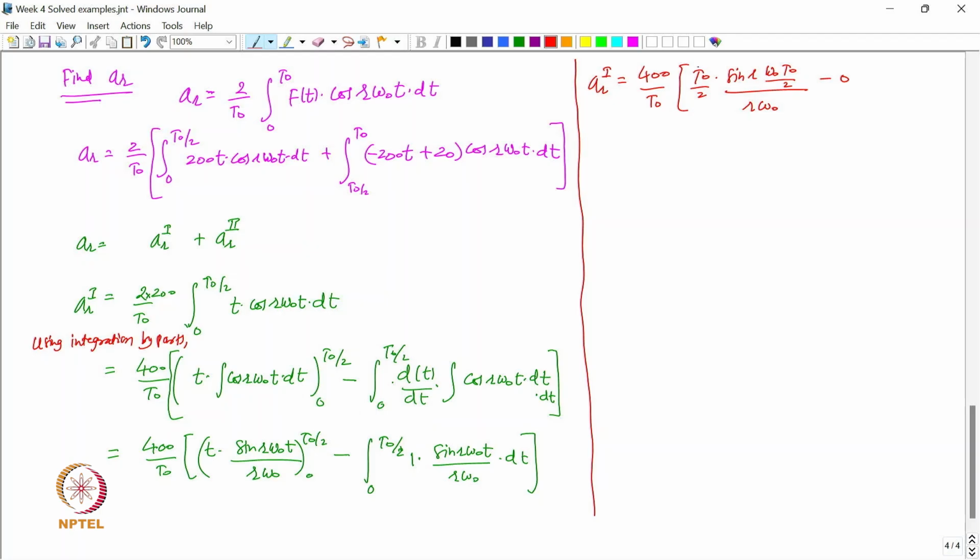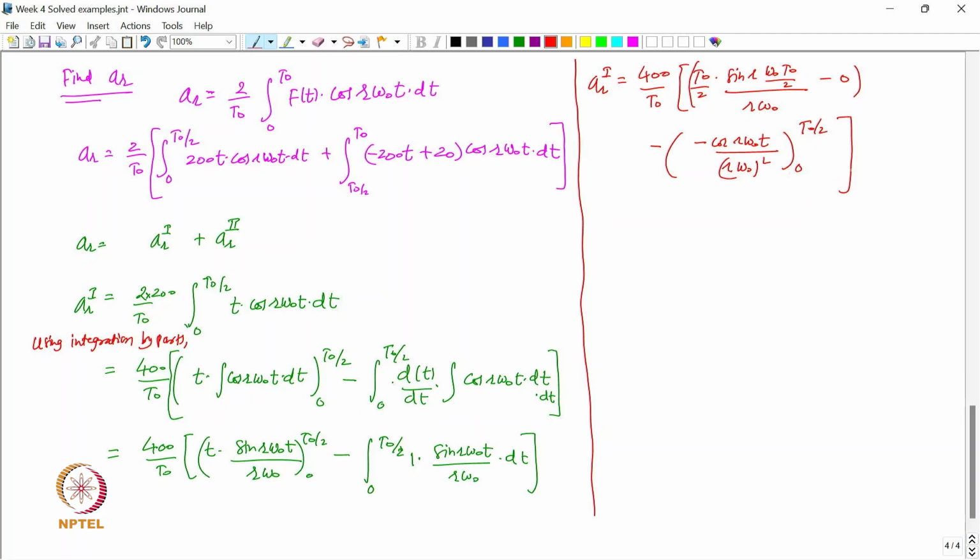So that is the first term. The second part would be minus the integration of sin r omega naught t, which is minus cos r omega naught t divided by r omega naught square, and then the limits.